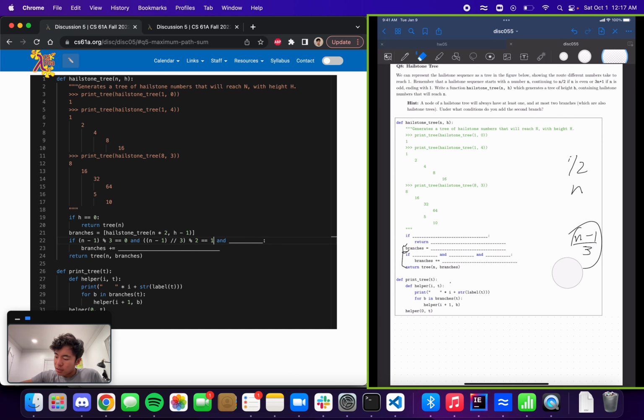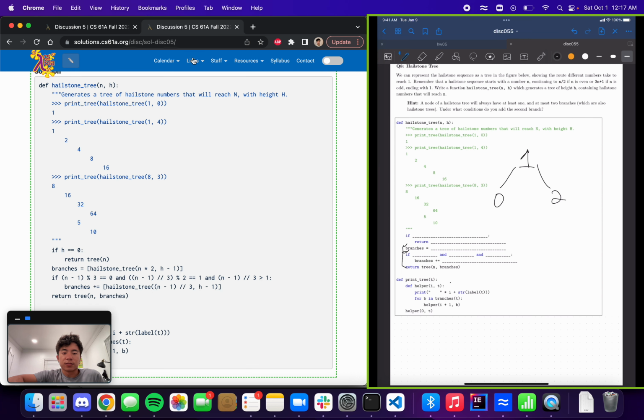Yeah, so this is kind of an edge case that you might not have thought of. But if we consider maybe number 1. The thing about this is that 2 leads to 1, but 0 does not. Oh, wait, actually, what am I saying? This is already taken care of with this case right there. I'm actually stuck. Let me check the solution.